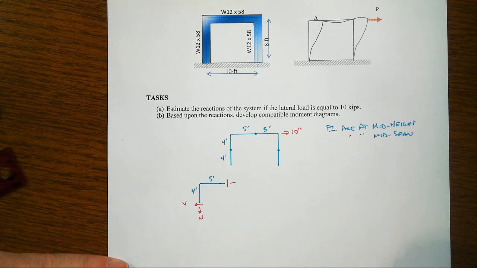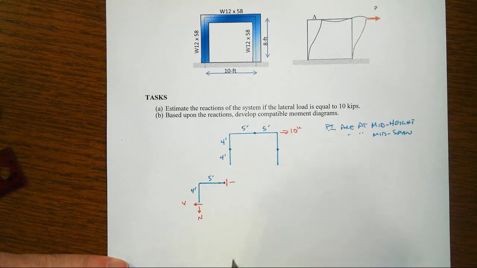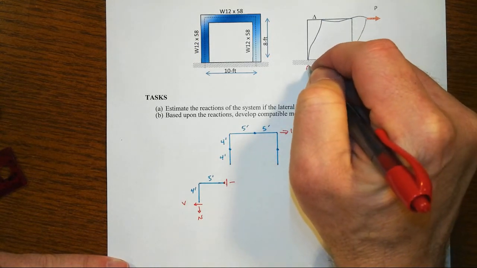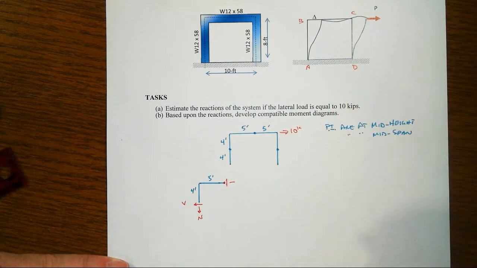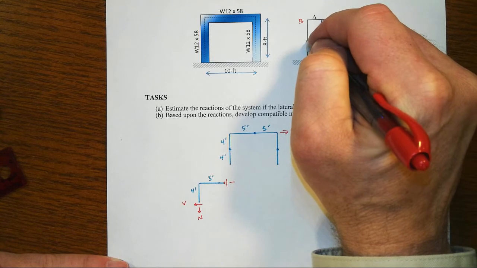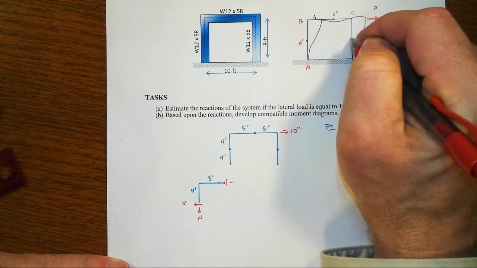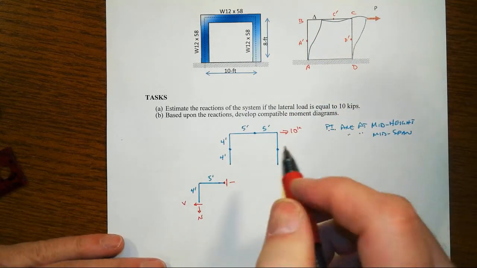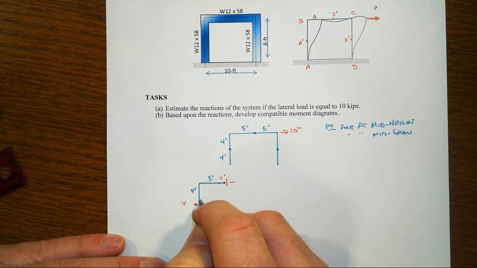So let's look at what happens here. If we were to sum moments about, say, this midpoint, hey, let's give these points some names here. We've got A, B, C, and D there. Let's call this A prime, let's call this C prime, and let's call that D prime. I skipped B prime, I know, for no good reason. I just had to come up with some names here.